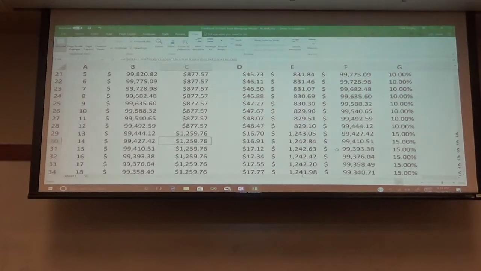So let's also take a look at the other ones, okay? Are you okay with the 1691 in D30? 1691, correct. And then what about cell E30? We don't match.